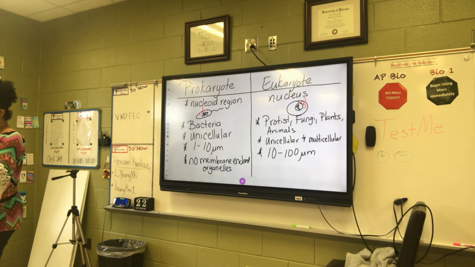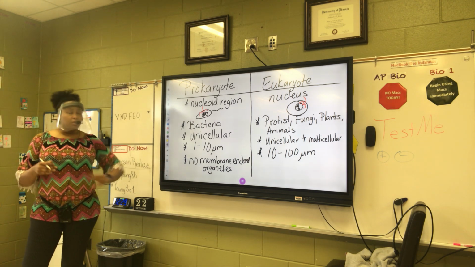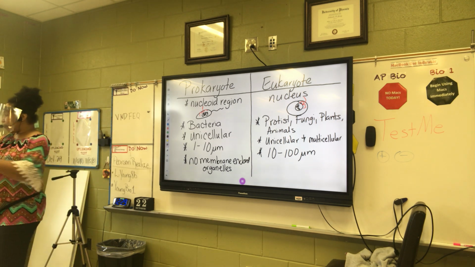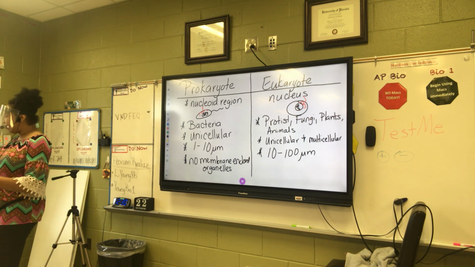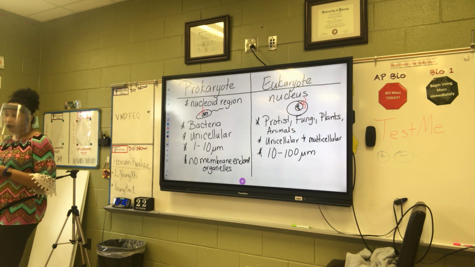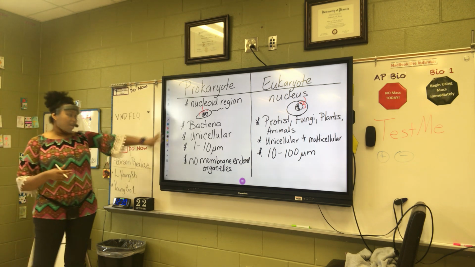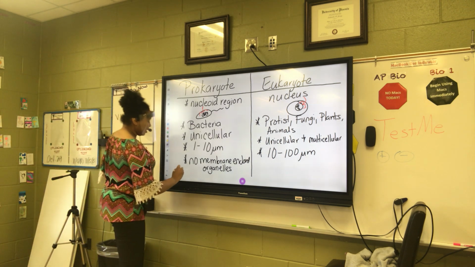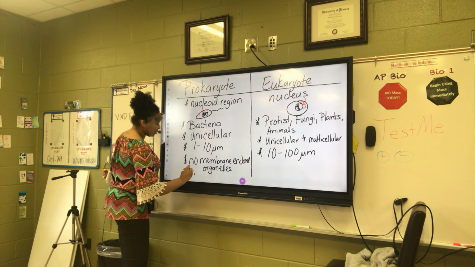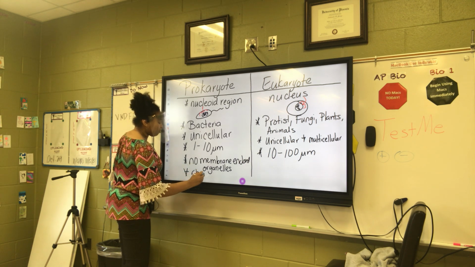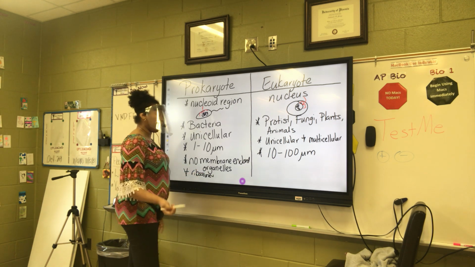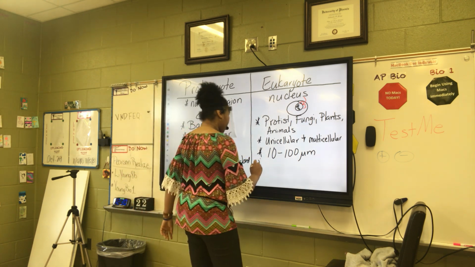Remember, we have carbs, lipids, proteins, nucleic acids. The membranes are mostly lipids. So ribosomes do not have a lipid bilayer surrounding them, so they can be found in prokaryotic cells. In fact, ribosomes can be found in both prokaryotic and eukaryotic cells.